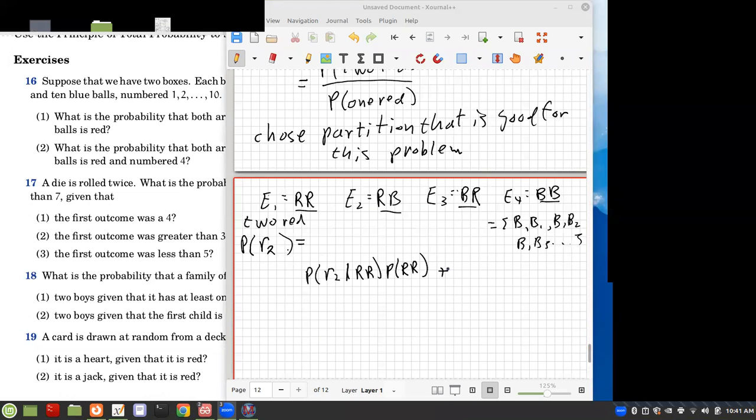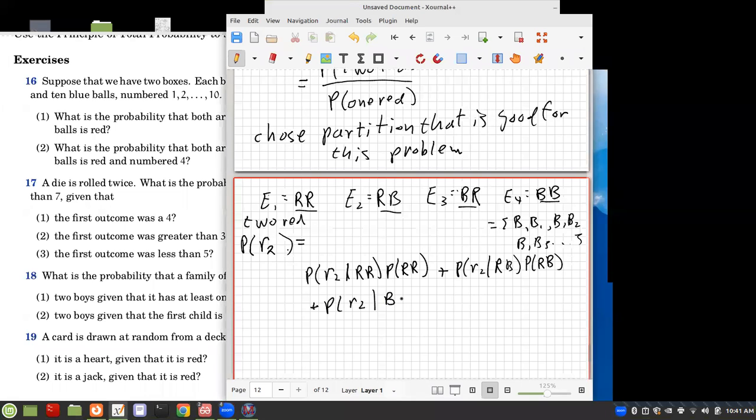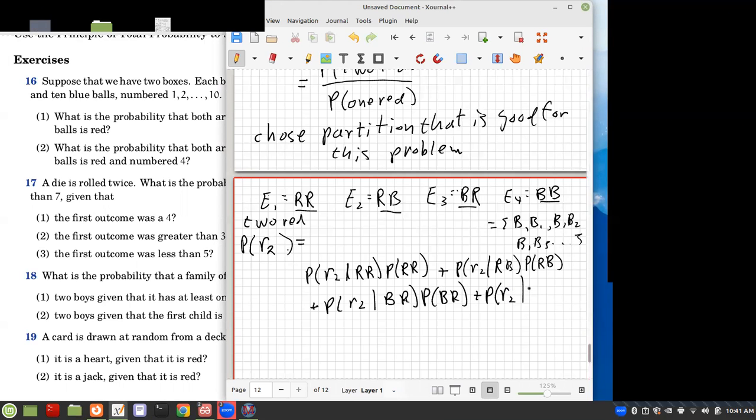Then it's going to be plus the probability that you get 2 reds, given that this event occurred, times the probability that that event occurred, plus the probability that you get 2 reds, given that this event occurred, times the probability that that event occurred, plus the probability you get 2 reds, given that this event occurred, times the probability that that event occurred.